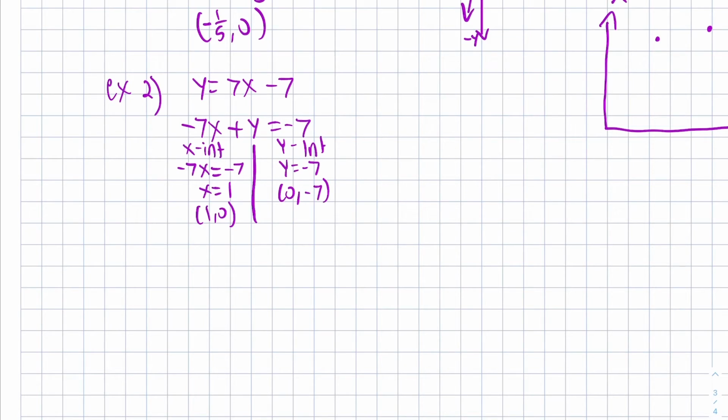Now that we have our 2 points, we can make a graph. My graph needs to include negative 7, so I'm going to have to count by 2's for my y's. And I need to go a little bit lower.